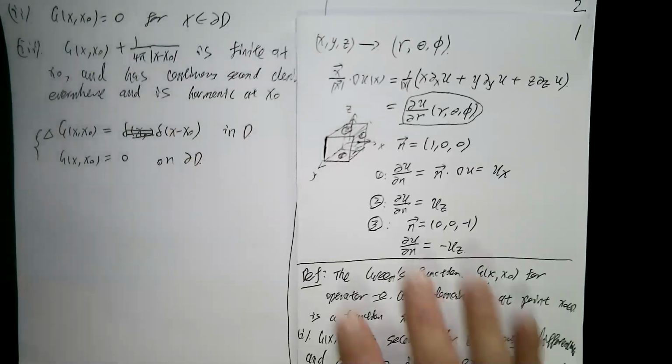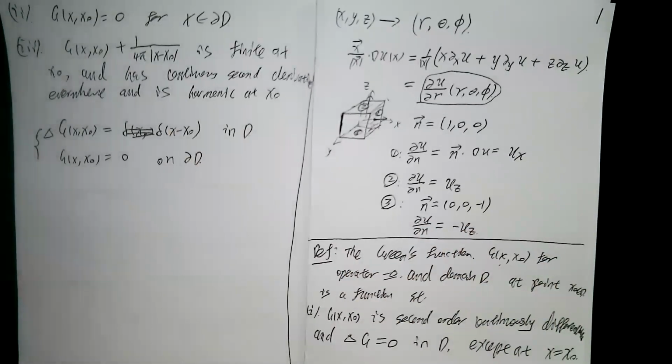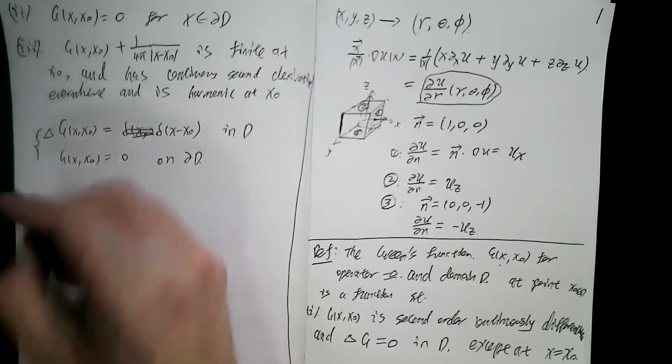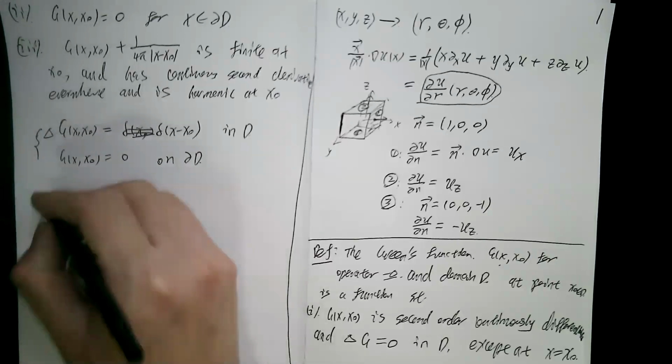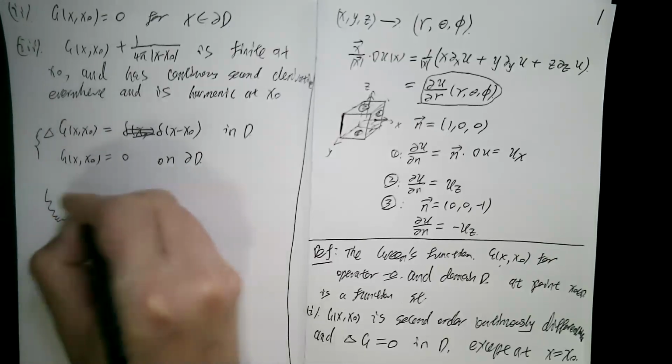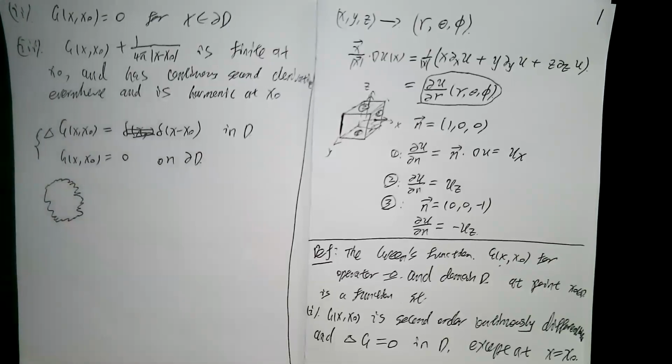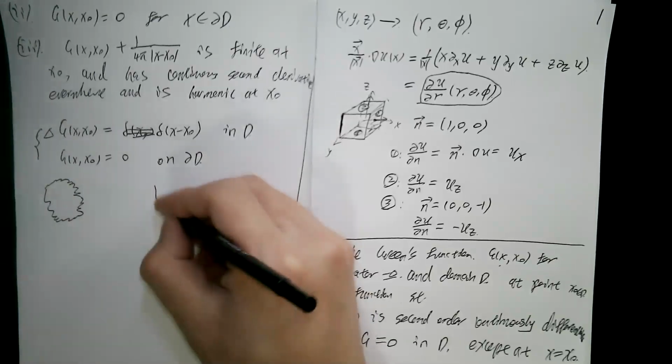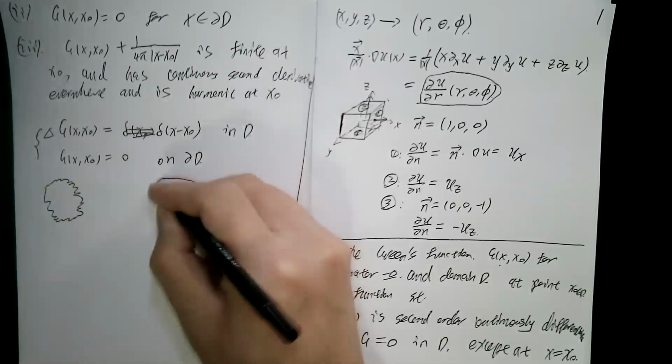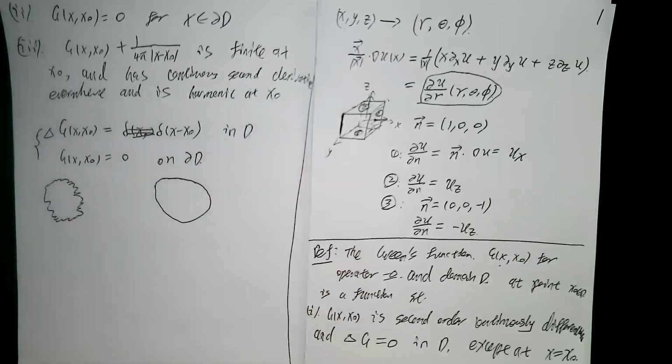This is the so-called Green's function, and one very interesting point is that it always exists as long as your domain is not so bad. Not so bad means the boundary of your domain is not very zigzag. As long as the boundary is somehow regular, the Green's function always exists on this kind of domain.